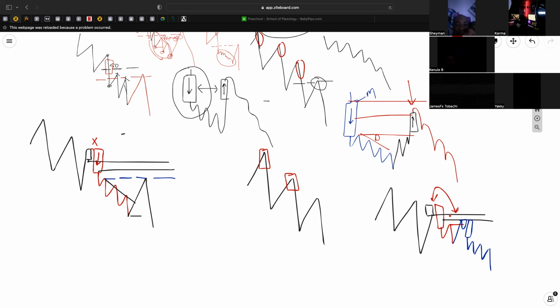You can see that the imbalance was inside here. So this guy came back and filled it. So it is different from this one that ignored it before creating a new low. This one came back to fill it immediately before creating a new low. So that is why we expect price to come here and sell off. You guys might not really get it now, but I want you to pay attention.